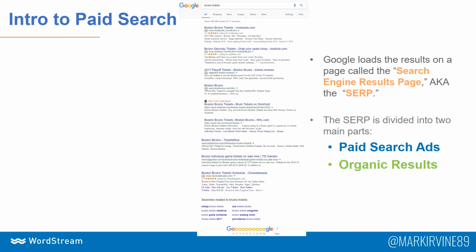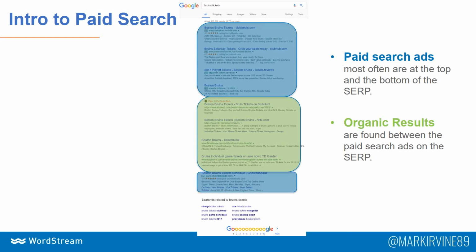It looks like the page loads very seamlessly, but it's two entirely different engines that run this. You'll very often see the paid search ads at the very top and the very bottom of the SERP for that query, and the organic results are found in between. They're sandwiched in between.